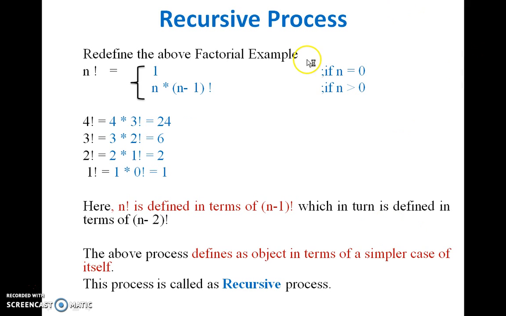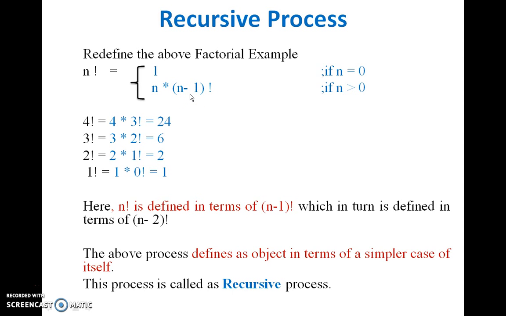What is a recursive process? Let us redefine the above factorial example. The same factorial example, if you represent it with the recursive method: if n's value is equal to 0, n's factorial is 1. If n's value is greater than 0, n's factorial is represented as n into n minus 1's factorial.